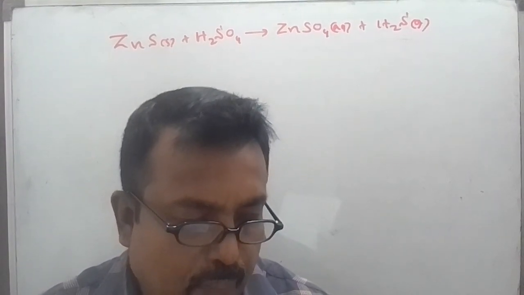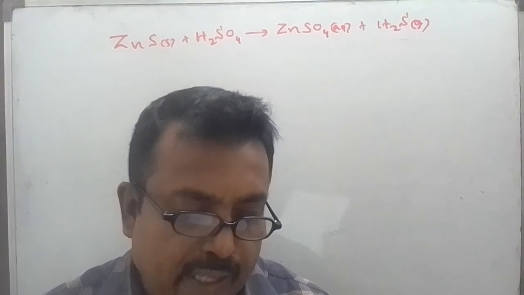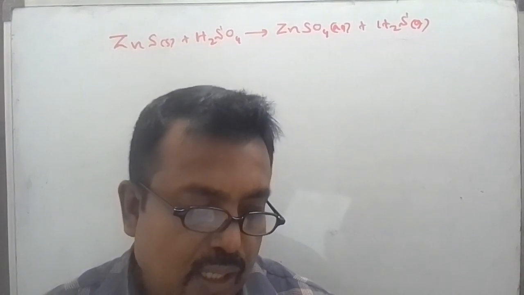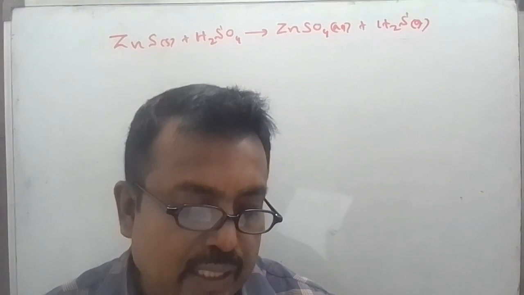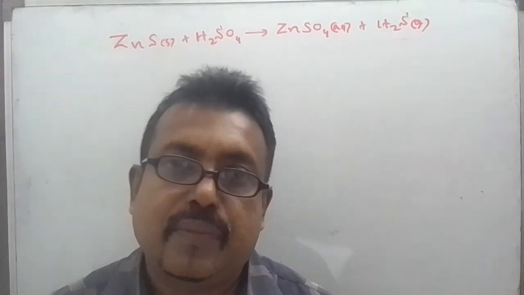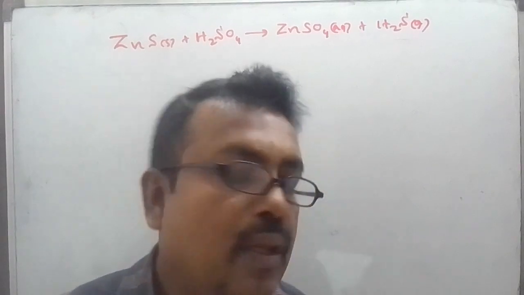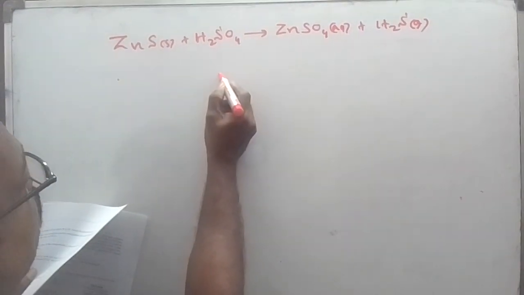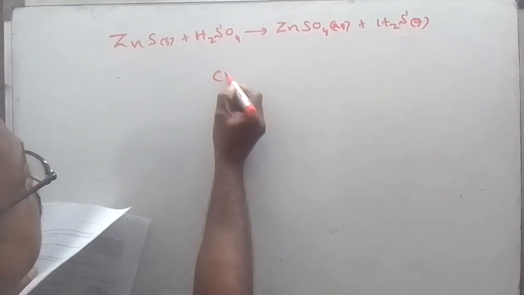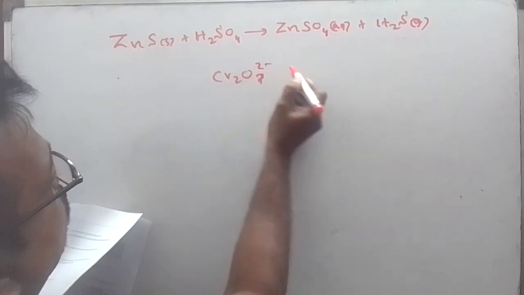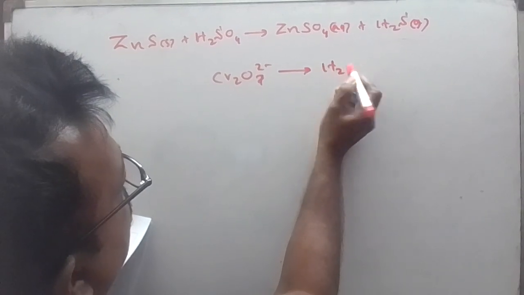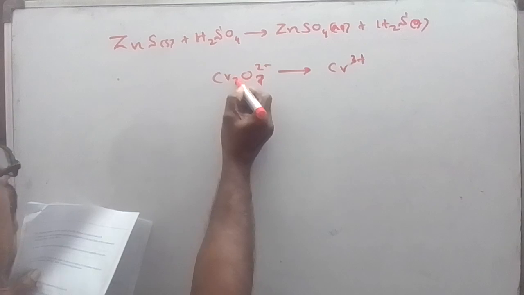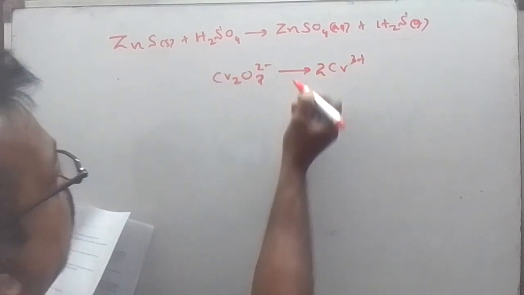Then when the gas B is passed through a solution of acidified dichromate, the solution turns green with formation of yellow-white colloidal precipitate D. So we can write the reaction between dichromate, Cr2O7 2 minus goes to Cr3 plus. If you have 2 here, put 2 in front of chromium.